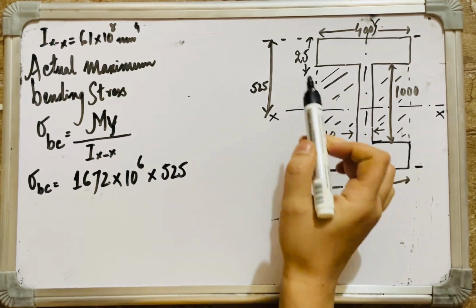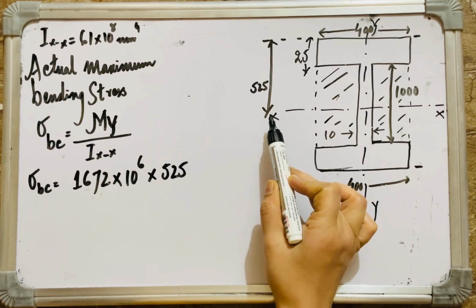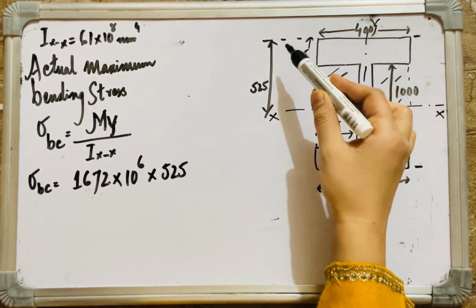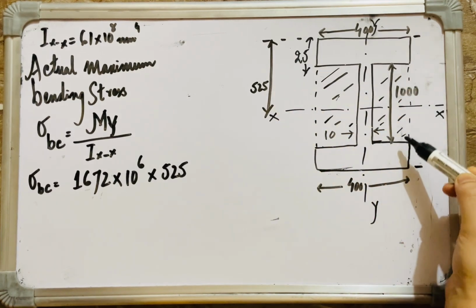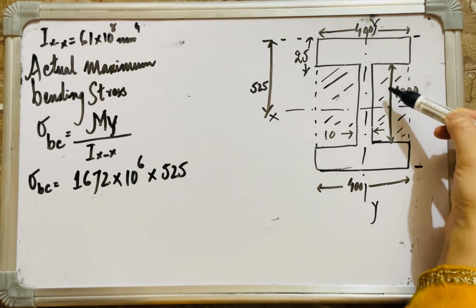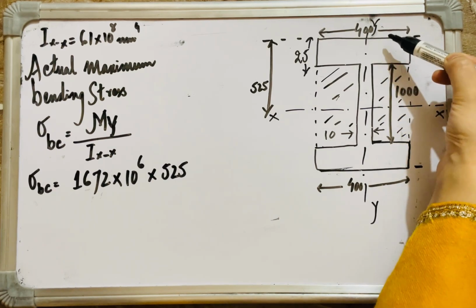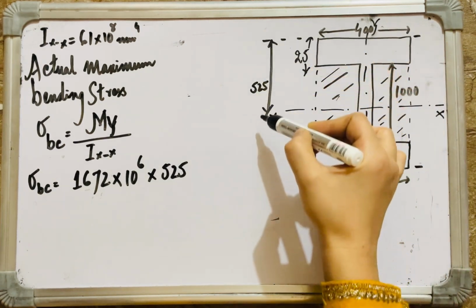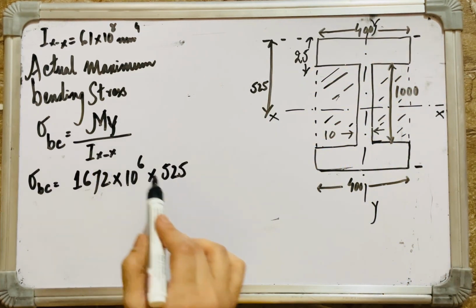This is the depth of the neutral axis or the xx axis. But from where? From the top of the flange. If this is 25, this whole is how much? This is 1000 mm. So from here to here it's 500. Then we have to add the thickness of the flange, that is 25. So from here to here we have 525. This is y.